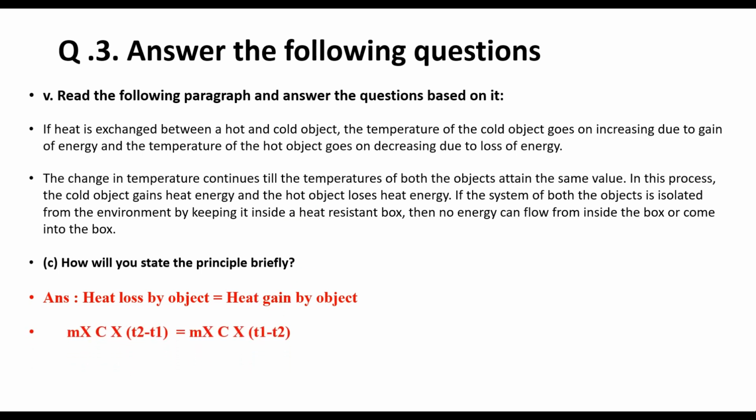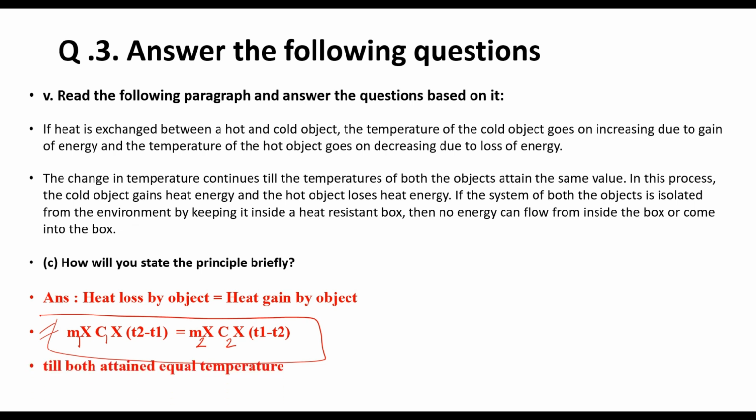I wrote it in the formula m into c into (T2 minus T1), so you can write m1 c1, m2 c2. In this way you can also write this law or principle in mathematical form, until both attain equal temperature. That is the answer to this particular question.